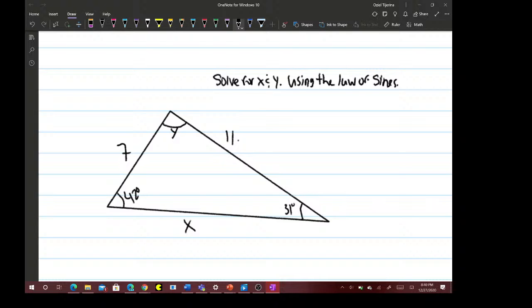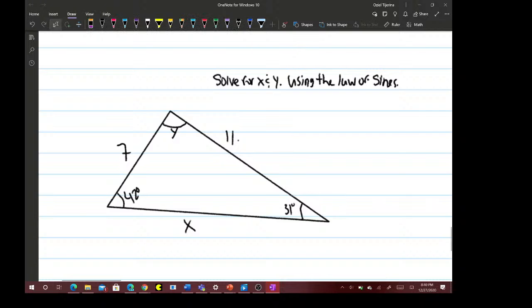And so we would say sine of 31 over 7 equals sine of, oh wait, actually, I'm kidding. Number 1, you want to solve for your angle y.